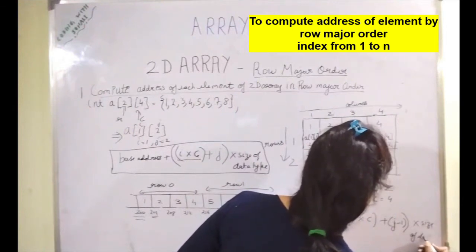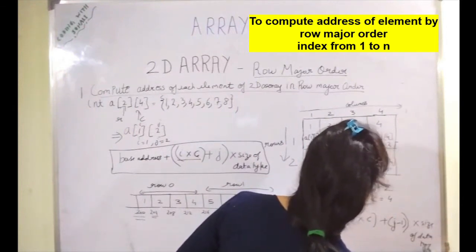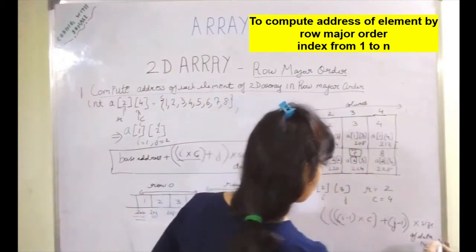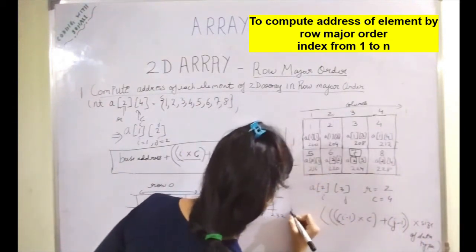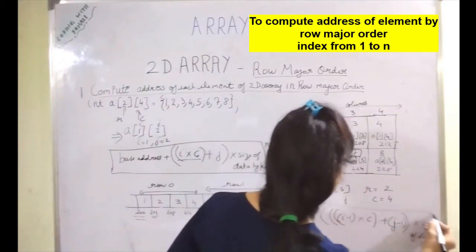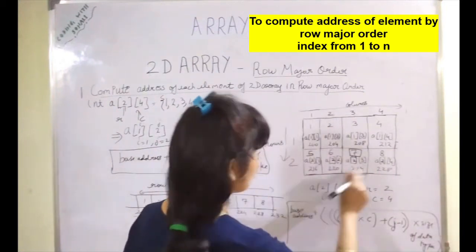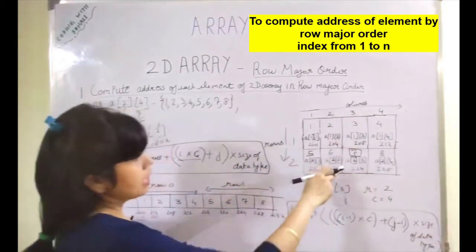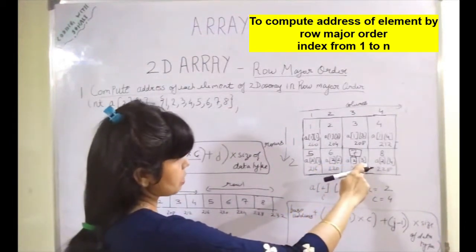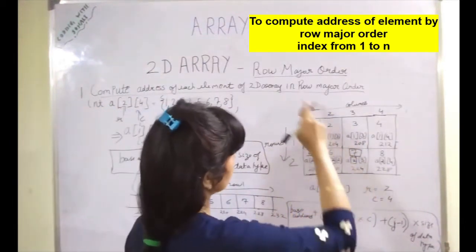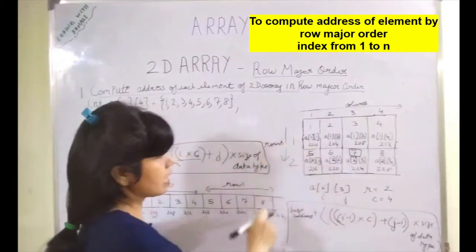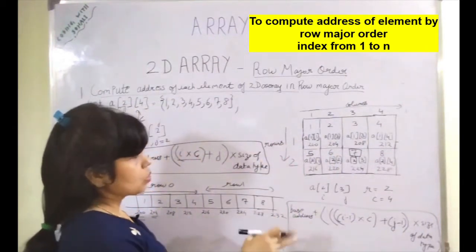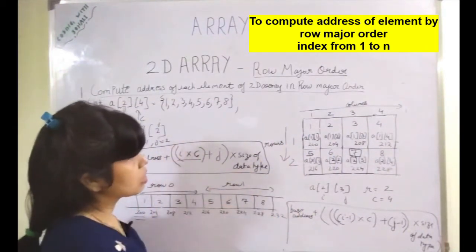Since it's an integer, it will be 4 bytes, and in total I will add the base address to it. So this is the complete formula to calculate the address of the element, that is A subscript 2 subscript 3, in the 2D array using the row major order when the indexing starts from 1 to n. So this is how we have modified and got this formula.